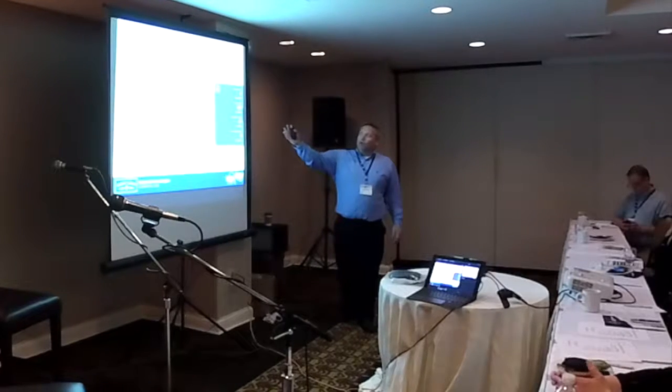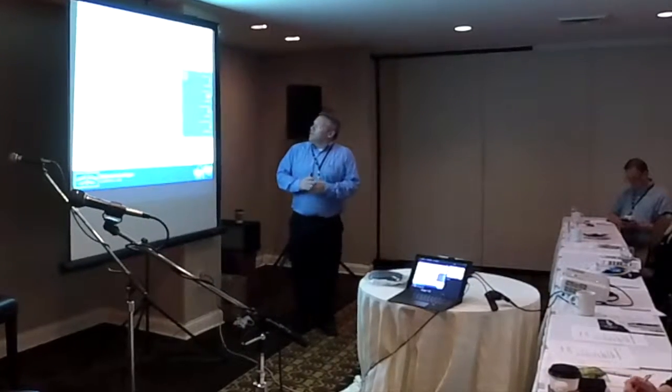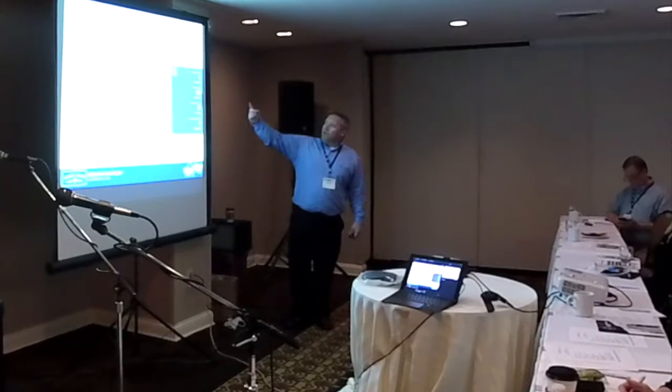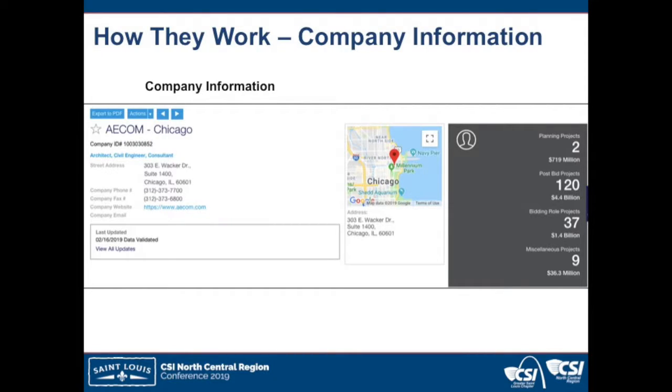So if you go in and just look their company up in these tools, you can start to see very quickly, okay, obviously this is the Chicago office, but right now I see, and remember, this information has to be something they found, and a lot of this is going to be public. Doesn't mean everything about them, but okay, they've got 2 planning projects right now worth $719 million.